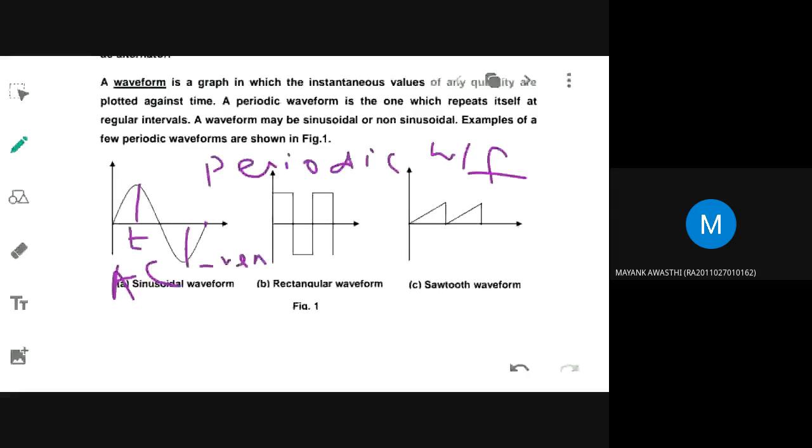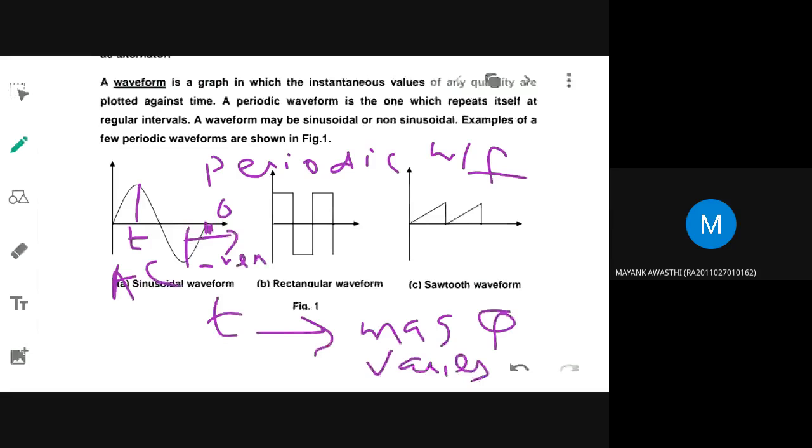With variation in t, the magnitude and phase angle also vary. That is why they are alternating in nature. These waveforms are all called alternating waveforms, and there are different alternating waveforms.